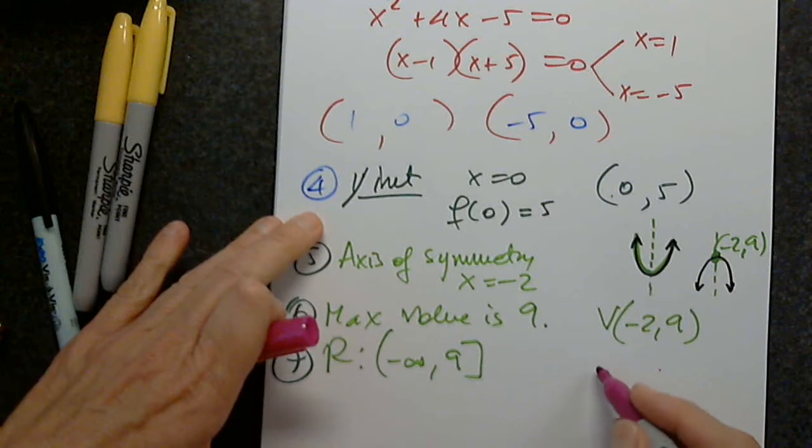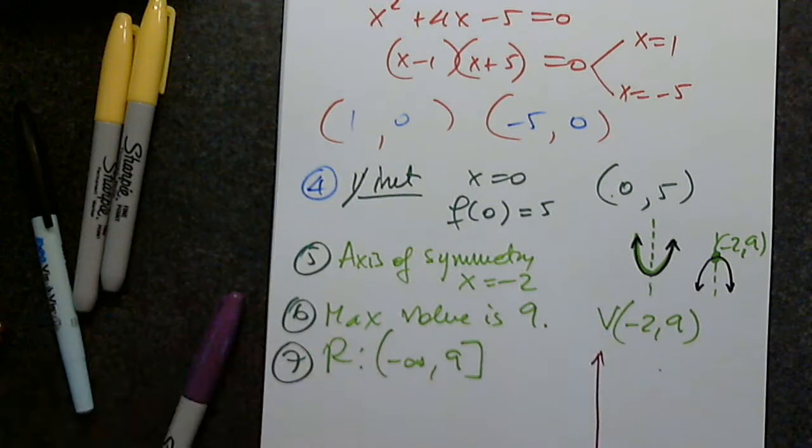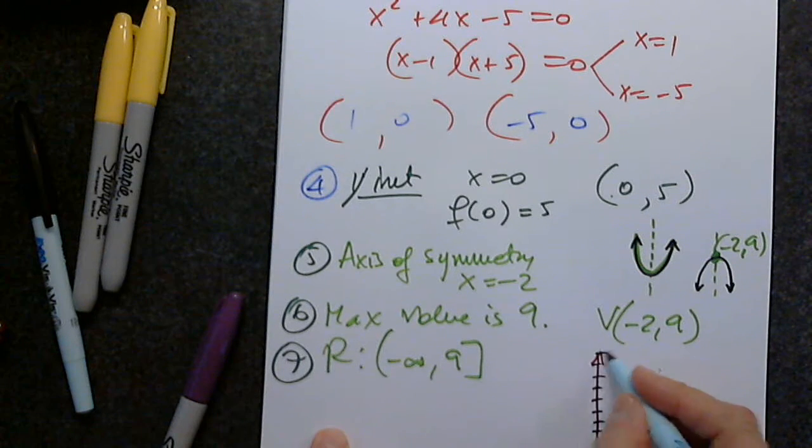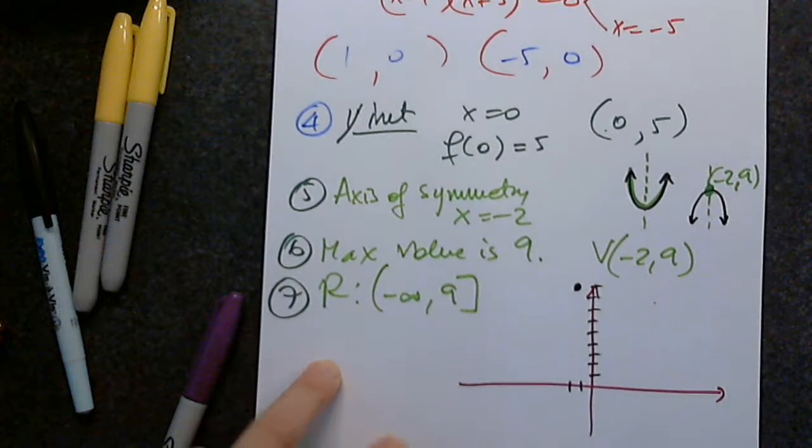When we graph, we always start with the vertex. Can anyone give us the vertex one more time? Very good. 1, 2, 3, 4, 5, 6, 7, 8, 9. Perfect. I have to draw the axis of symmetry, which is not part of the graph, but I have to graph it.